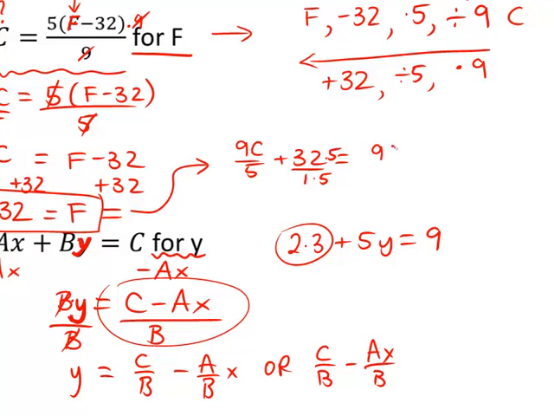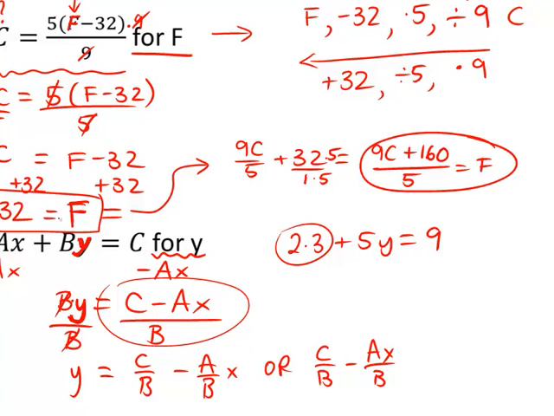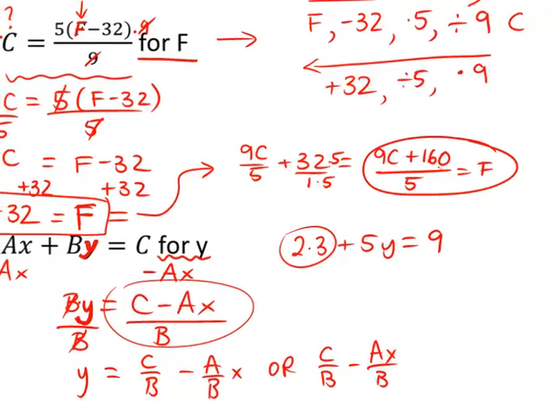So that'd be 9c plus 160 over 5, another way to write the expression for Fahrenheit. As a note, I will accept either of those ways as long as your variable is on its own and this portion is as simplified as you can make it, and it's fine either way.